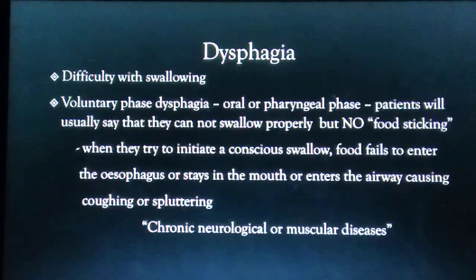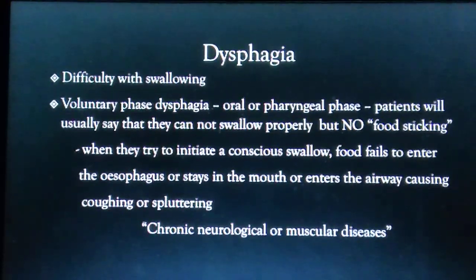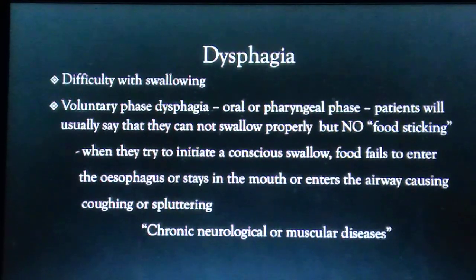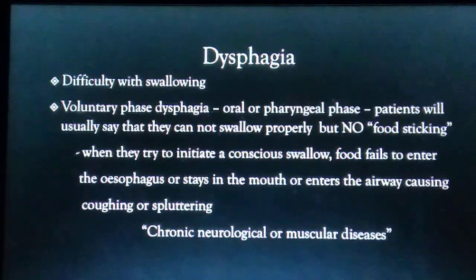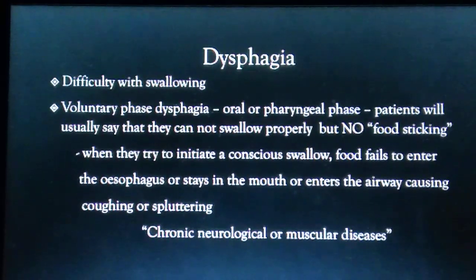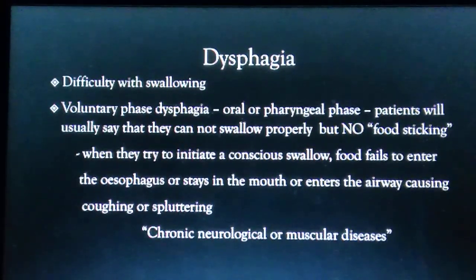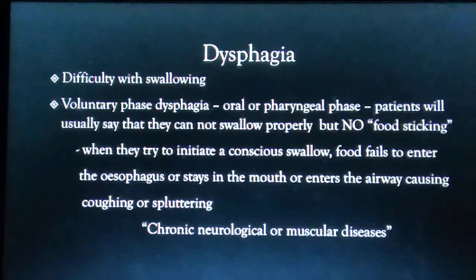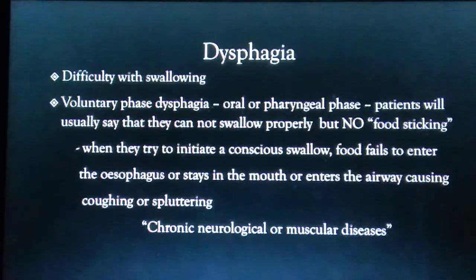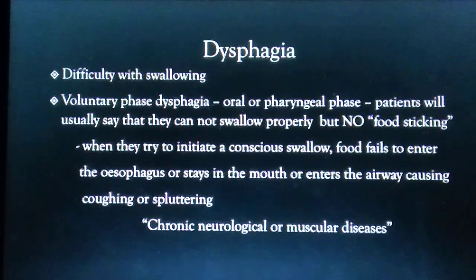Now let's discuss dysphagia. It is difficulty with swallowing. It basically has two phases. The voluntary phase dysphagia is basically suggestive of chronic neurological or muscular diseases. It starts in the oral or pharyngeal phase.